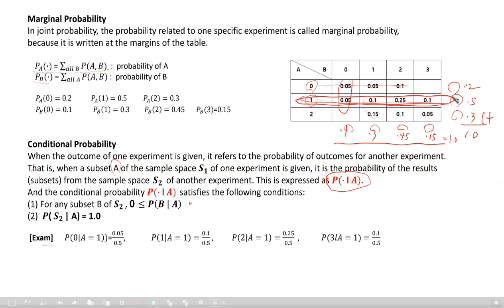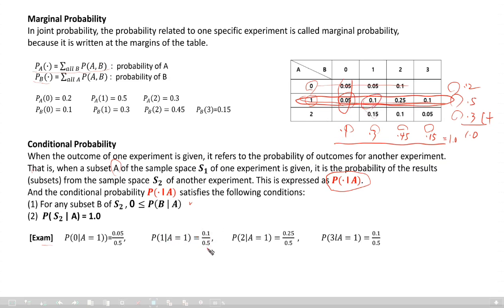And what is the probability of B equal to 0? That should be the ratio of 0.01 divided by 0.5. The probability of A equal to 1 is 0.5. So what is B equal to 1? B equal to 1 is here.